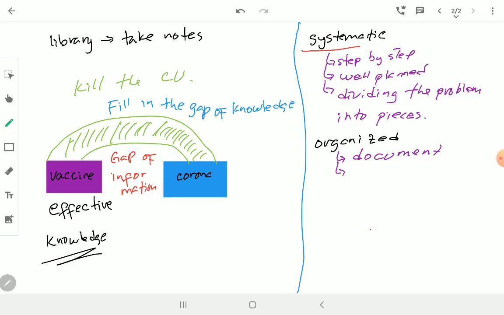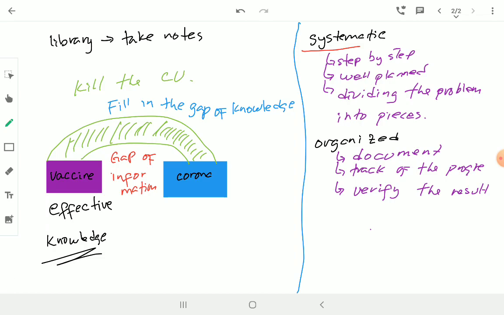You keep track of the progress, so that later on you can verify the result. So it should be organized.